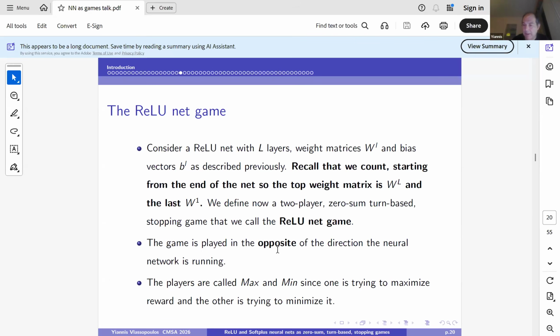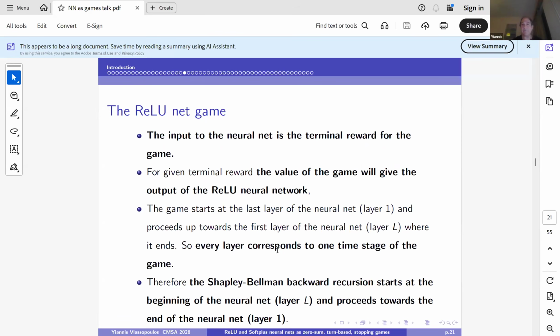One player is trying to maximize reward and the other player is trying to minimize reward. But what is reward and what are the states? One more thing is that the input to the neural net will be the terminal reward of the game, some vector x. The output of the ReLU net is going to be the value of the game at the corresponding states that I will show you right now.